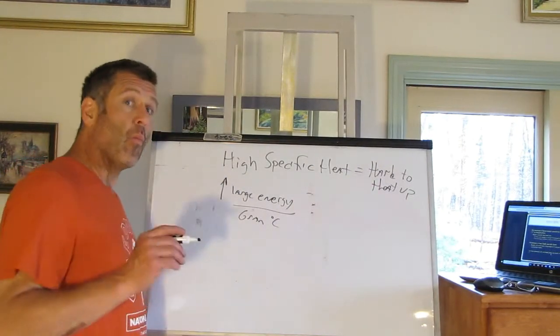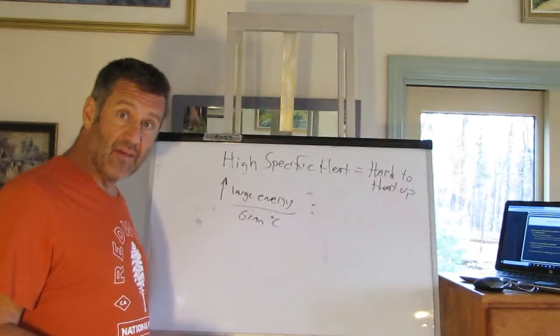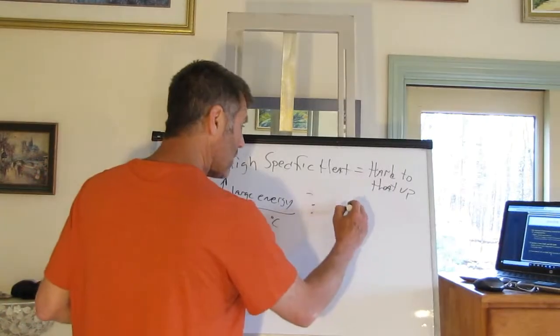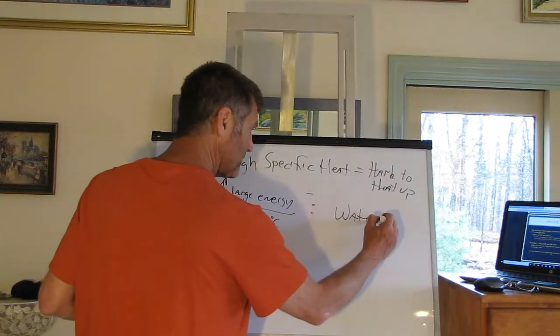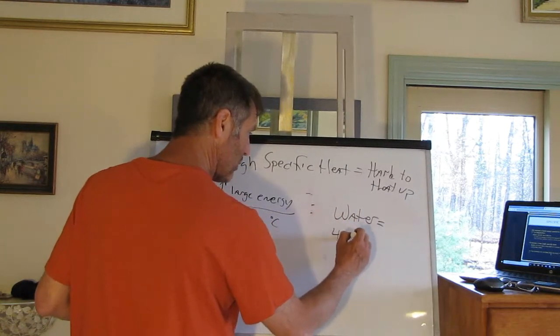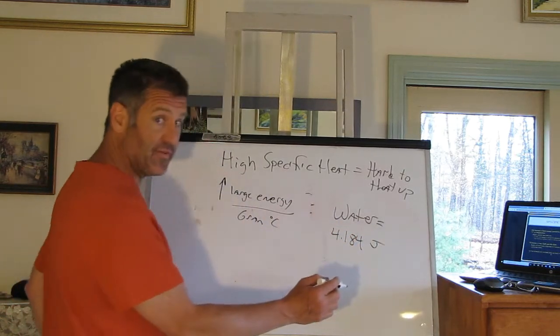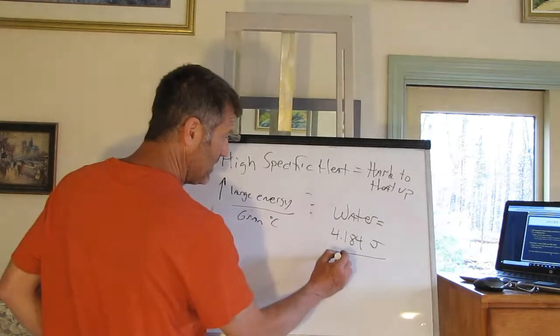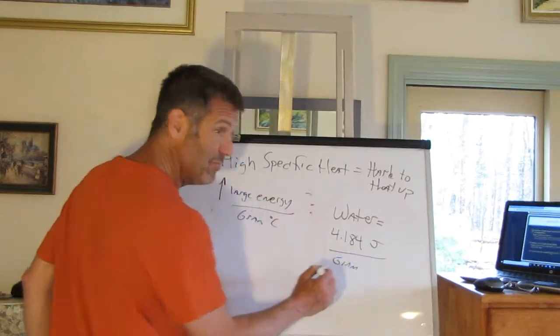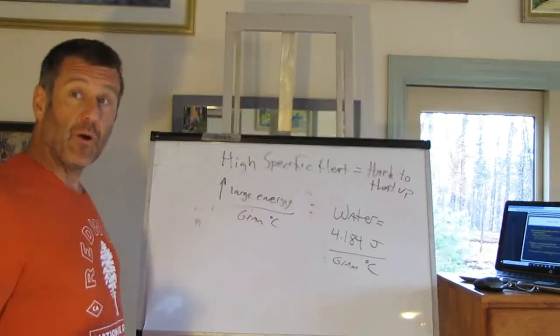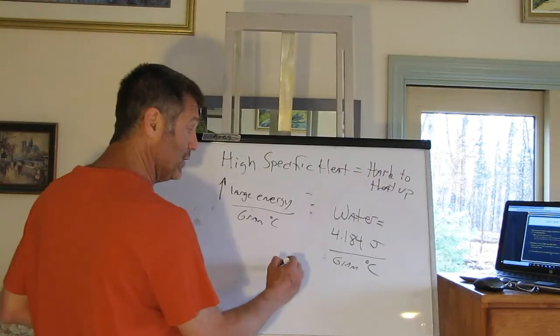Now, one of the materials on Earth that has very high specific heat is water. Okay? The specific heat of water is 4.184. What does that mean? It takes 4.184 joules of energy to raise a gram of water, which is a milliliter, by 1 degree C. Now, if we want to compare that to, say, aluminum, right?